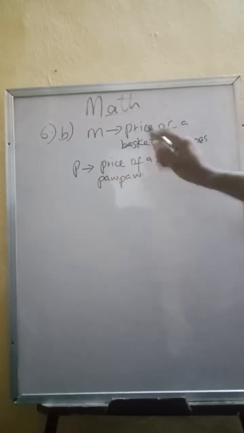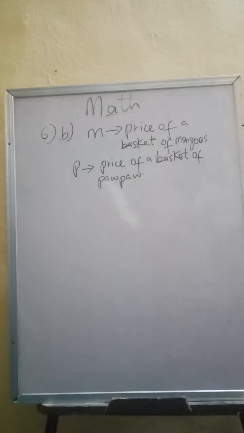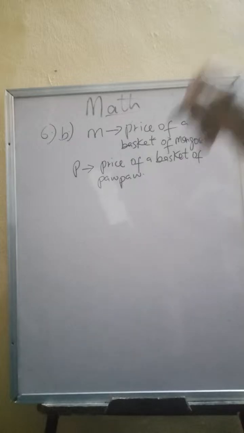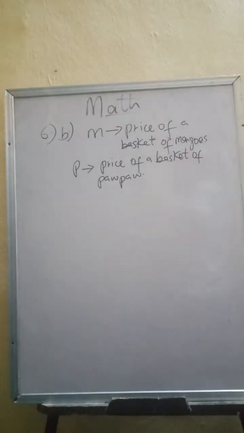Now, the first statement says a trader bought 30 baskets of pawpaw and 100 baskets of mangoes for 2,450 naira. Now here is how the equation is written.